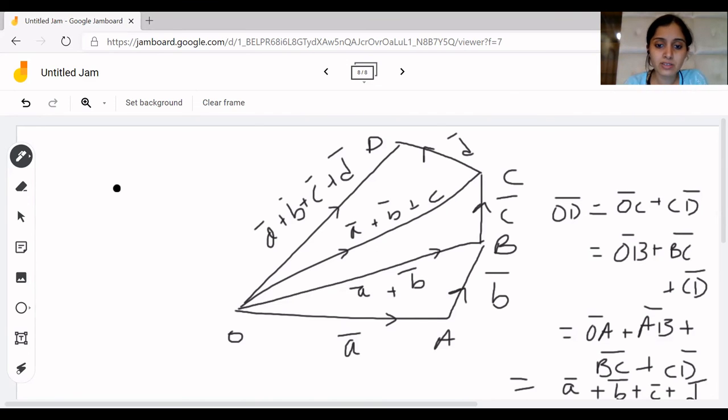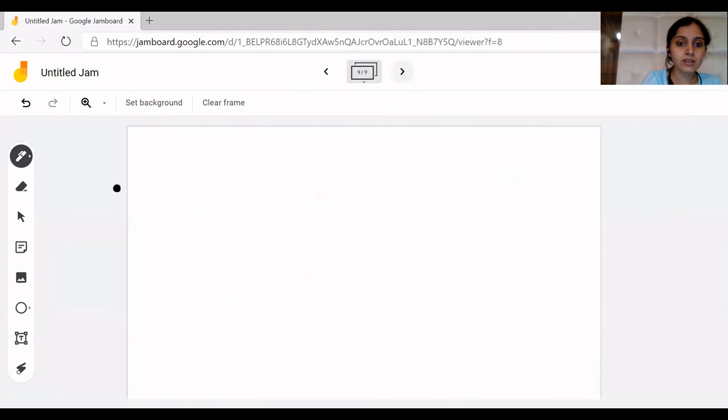If you have many vectors like this starting from the same common point, then this is how we are going to do the vector addition. Clear? So this is the basics of vectors. Now subtraction of two vectors is basically adding the negative of a particular vector. What does that mean? So let's try and understand this last thing.